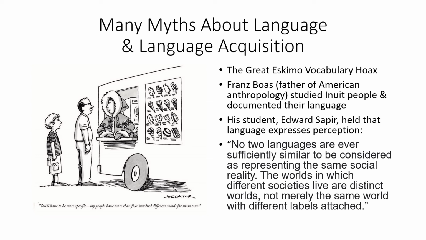He held that language expresses perception, and that in order to understand perception, you have to understand someone's language. He wrote, "No two languages are ever sufficiently similar to be considered as representing the same social reality. The worlds in which different societies live are distinct worlds, not merely the same world with different labels attached."